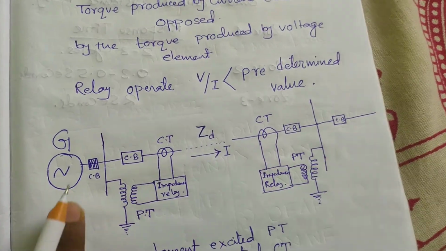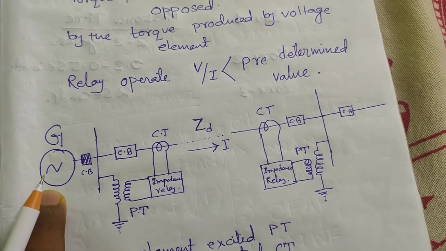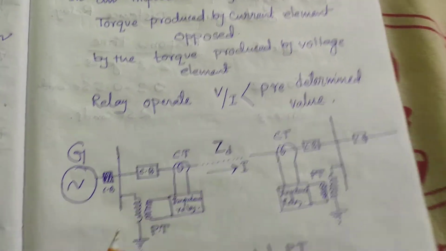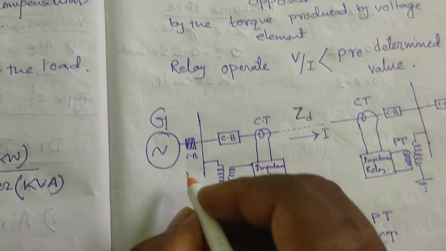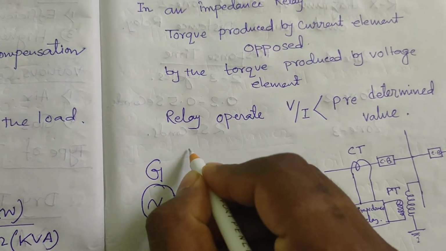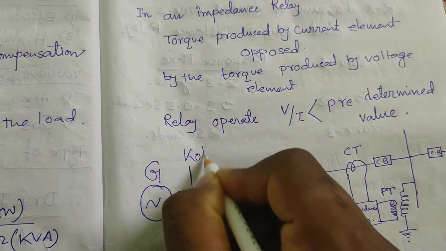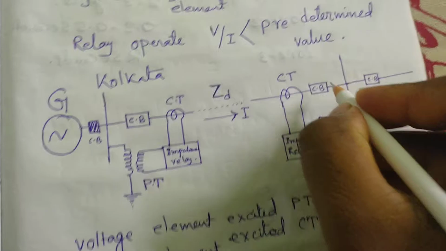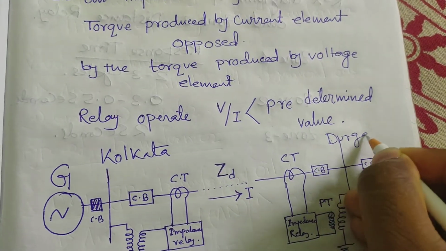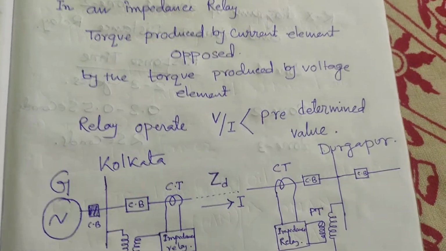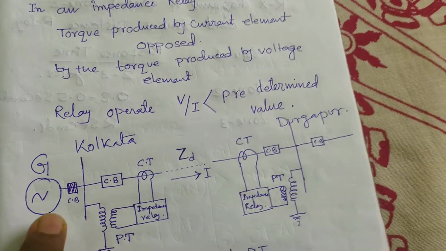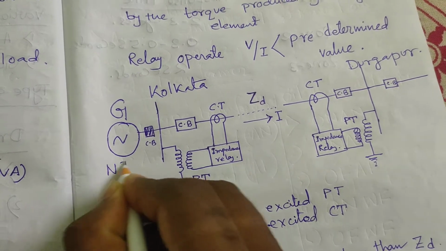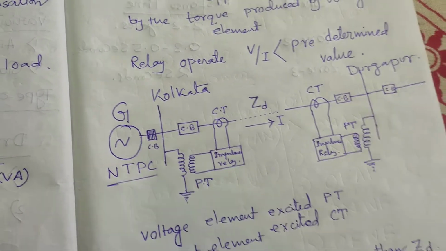Suppose in this picture, this is the generating station and this is the switchyard of the generating station breaker, and this is a substation. Suppose this is Kolkata and this is Durgapur, and this is the NTPC power plant.